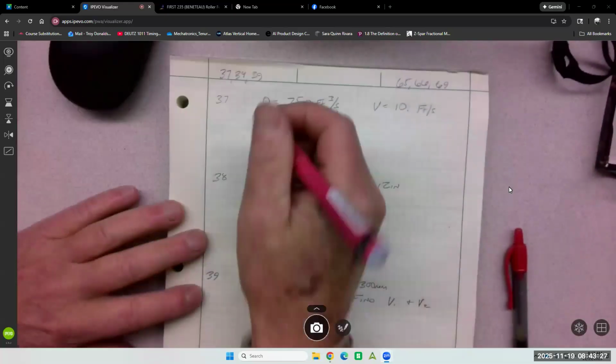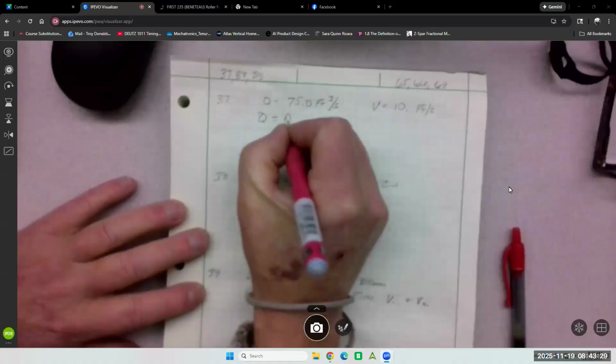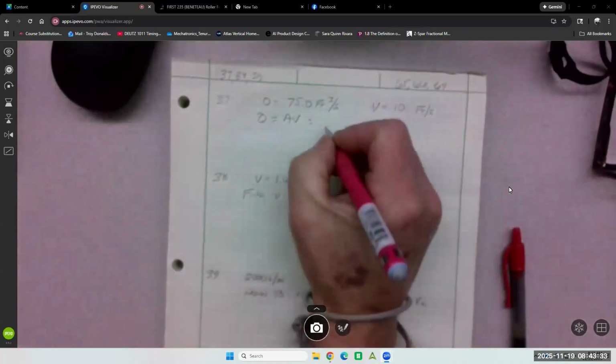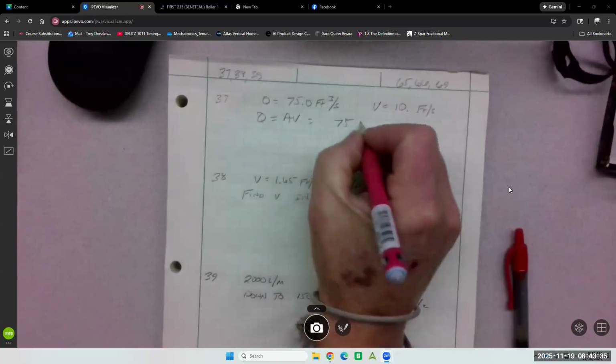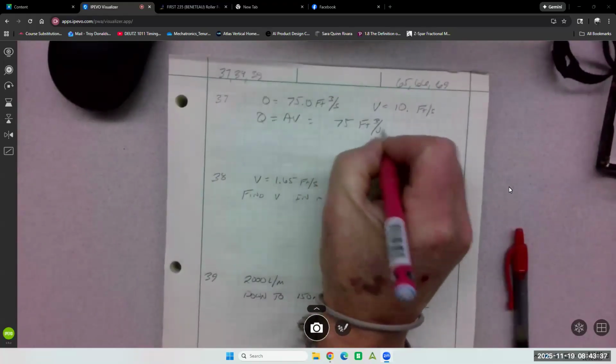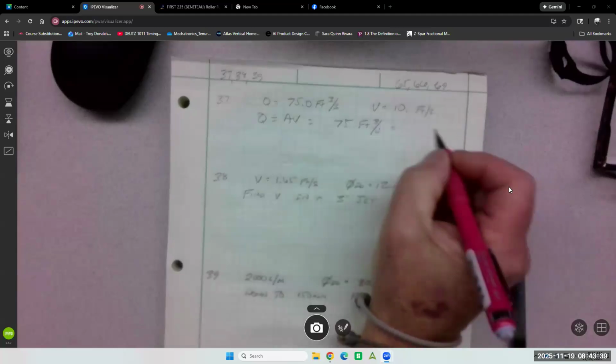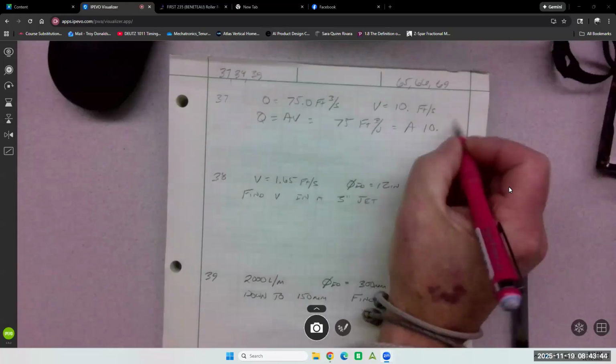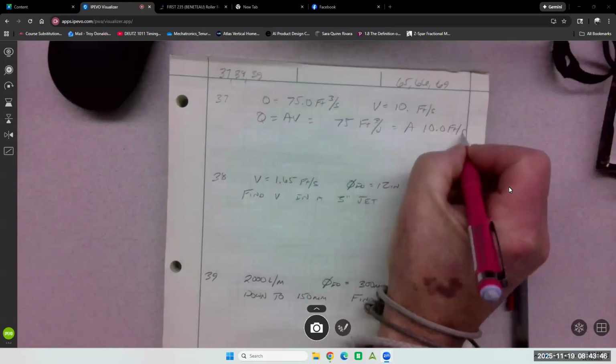Yeah, you just set up Q equals AV, right? So if we know Q, 75 feet cubed per second, we know that's equal to A times 10.0 feet per second.